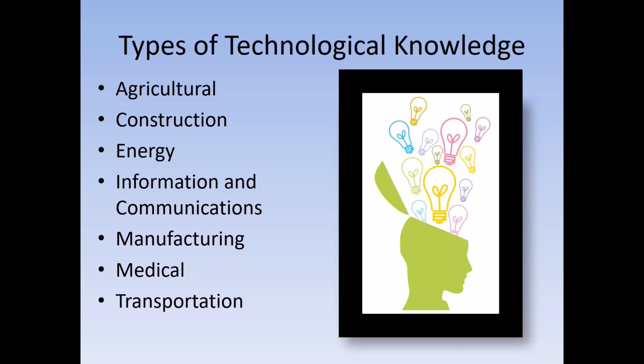So again, you have agricultural, construction, energy, information and communications, manufacturing, medical, and transportation. All of these are 7 types of technological knowledge.